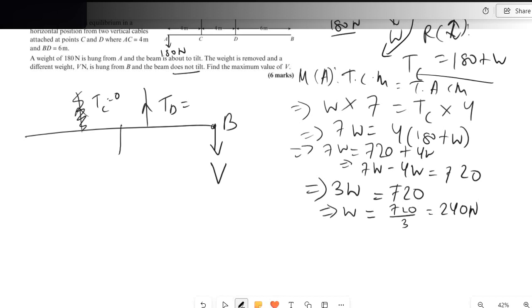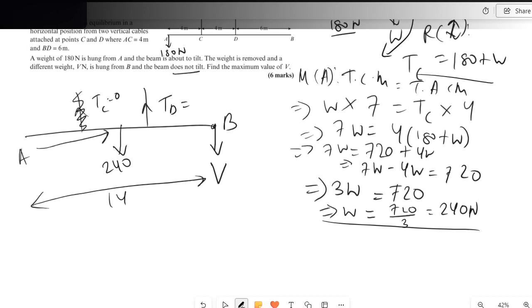Similarly, this is going to be W, which we have found before, which is 240, and this will be a distance of 14 meters from A. This will be a distance of 7 meters, and this will be 8, because 4 plus 4 is 8.